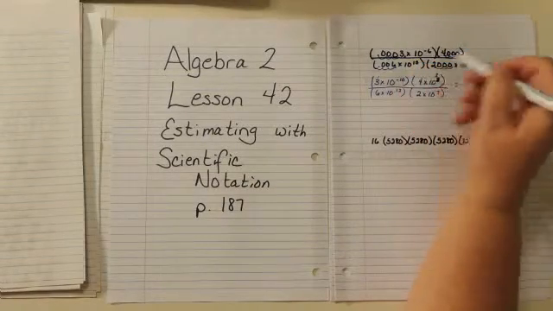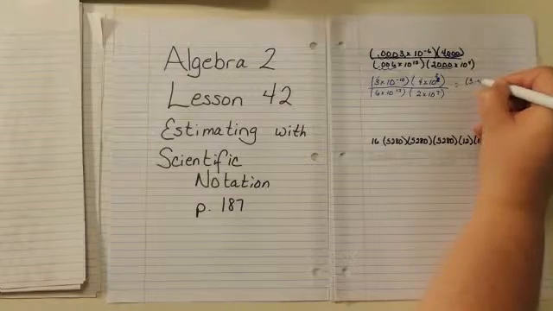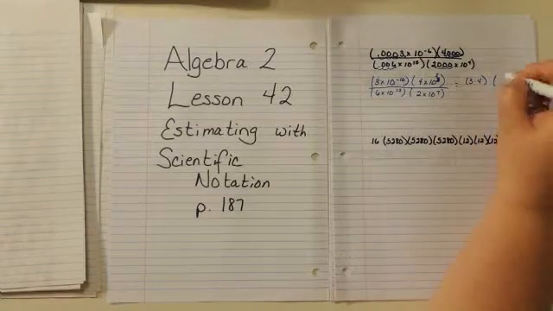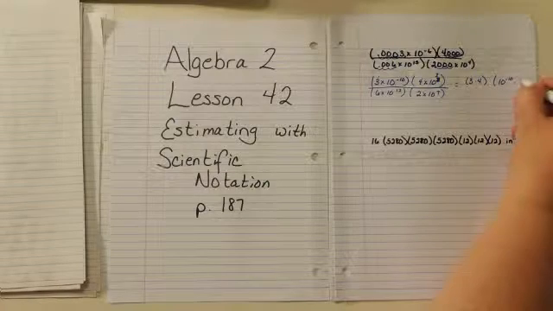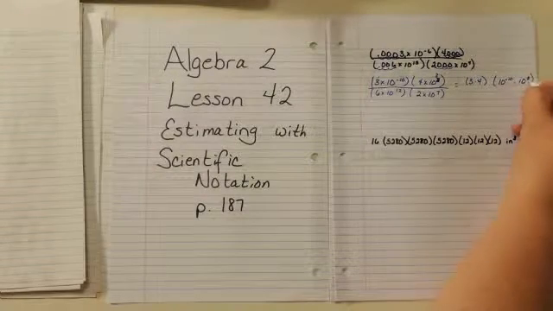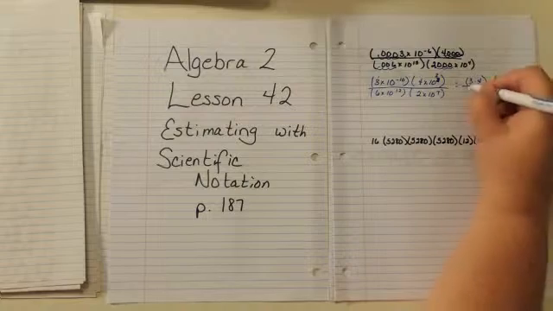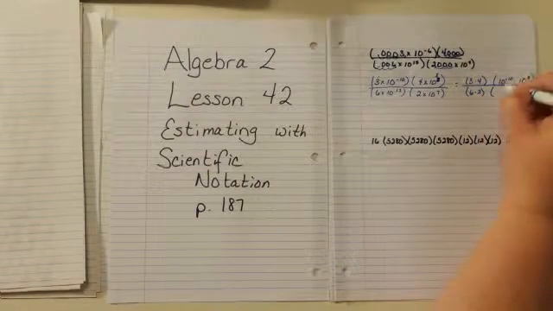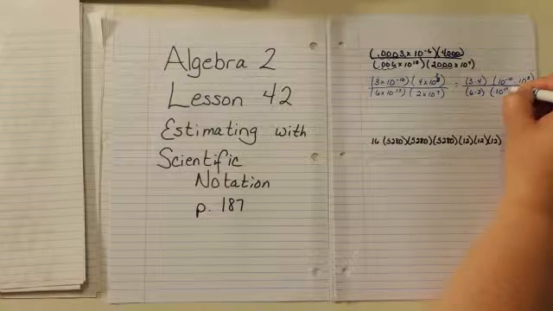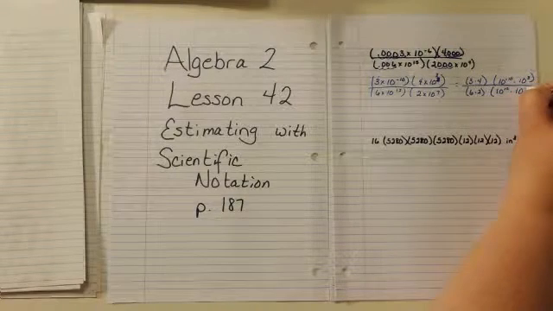We have 3 times 4, and we have 10 to the negative 10th, and 10 to the 3rd. Over here we have 6 times 2, and we have 10 to the 12th, and 10 to the 7th.